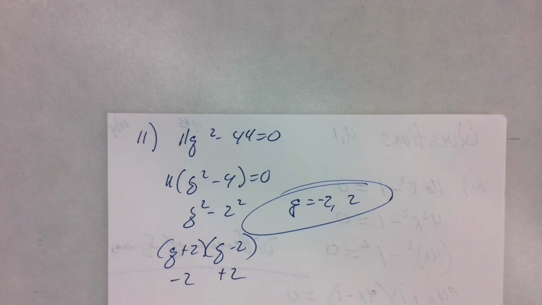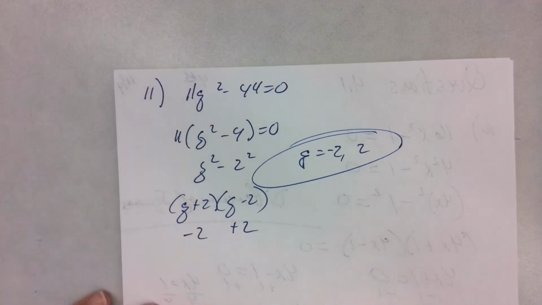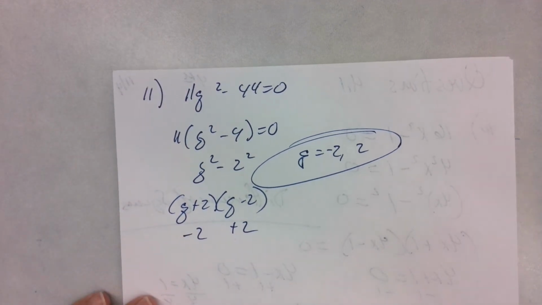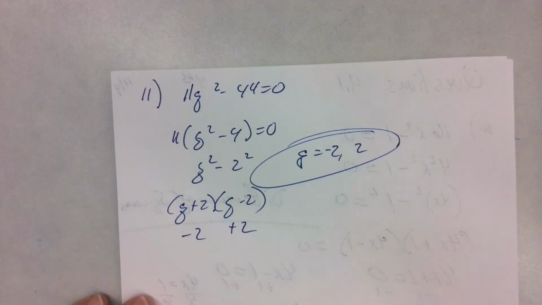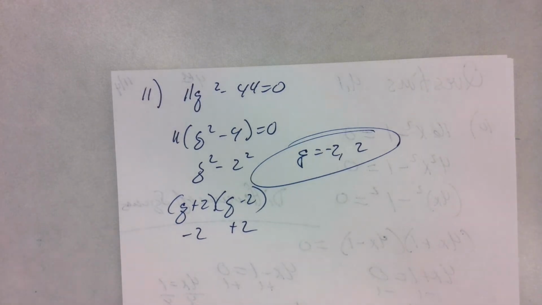Why do you have to have 4 zeros? Because its exponent is 4. That's how many zeros you have to have. Wait, why is it squared when you have 2 zeros? It's just 1 zero. Okay, but in reality, look, right here, we talked about it.